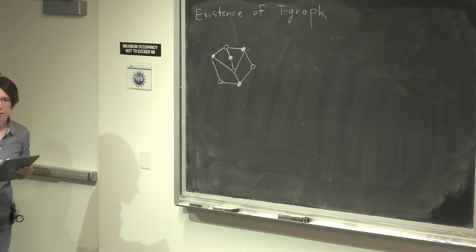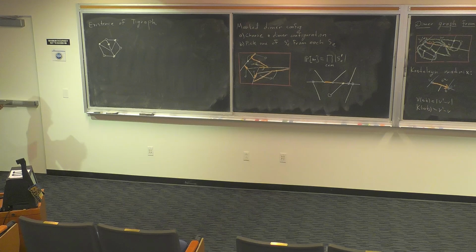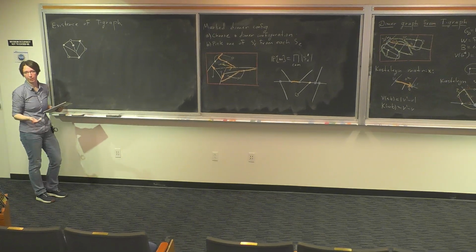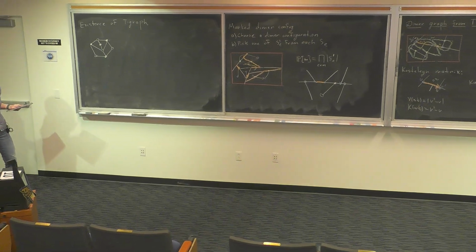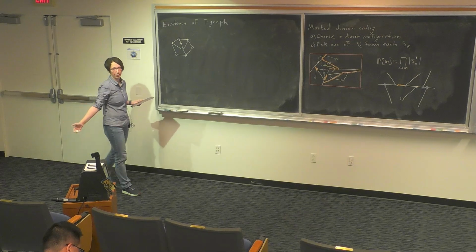Something like this. I have some edges, generic weights on edges. Is there a way to embed this graph as a T-graph, where all white vertices correspond to faces of a T-graph and black vertices correspond to the complete edges of a T-graph?